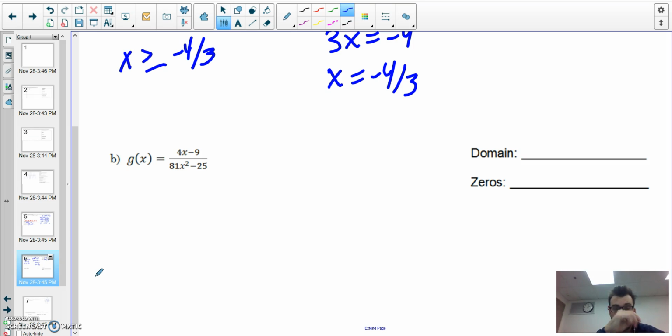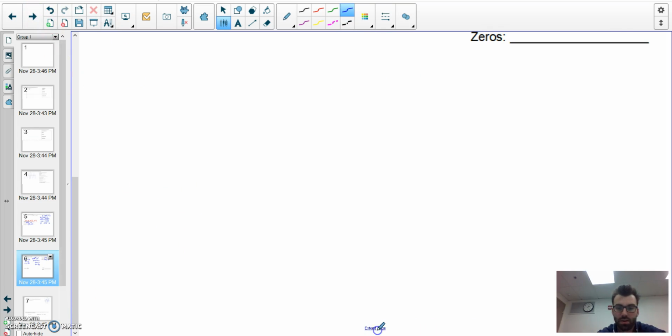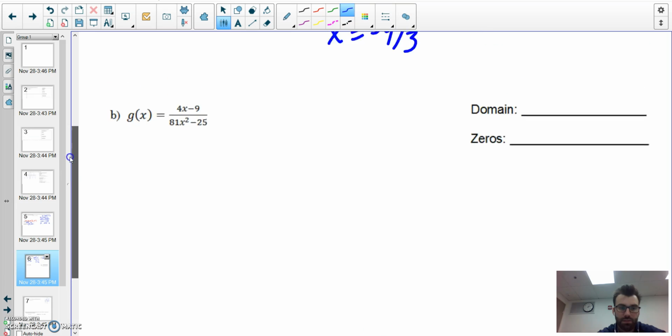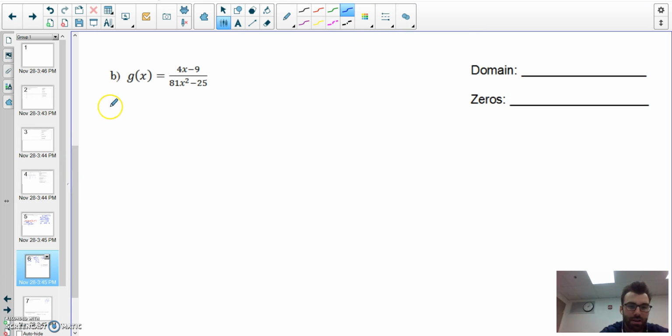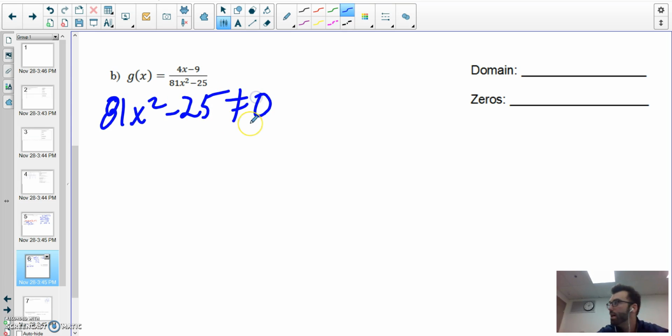Next, I want to solve for the domain. Well, this is a reciprocal function-ish. All right. So in this function, I have my denominator. I'm going to set my denominator. I cannot divide by the number 0, meaning my denominator cannot equal 0.